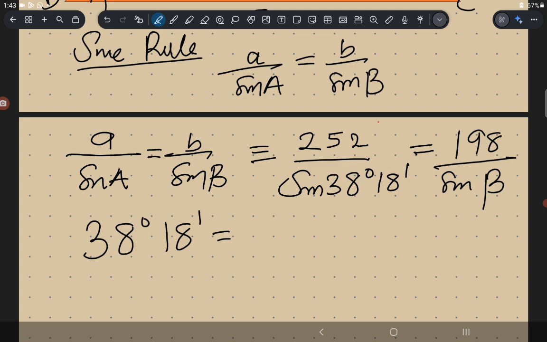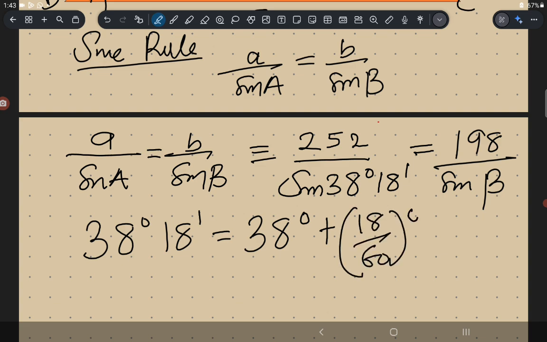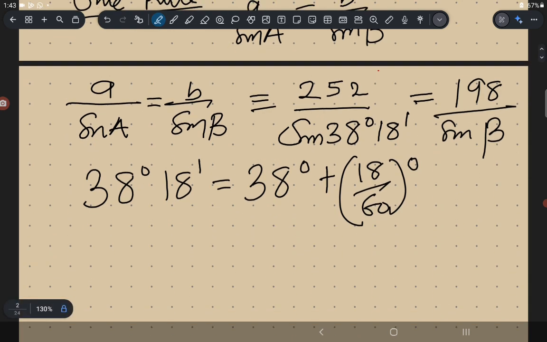And how do you do that? It will give you 38 degrees plus 18 over 60 degrees. The moment you are converting minutes to degrees, you have to divide by 60. So which will give us 38 degrees plus 0.3 degrees.